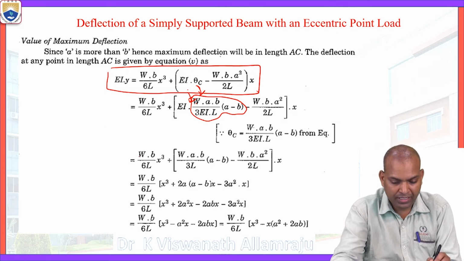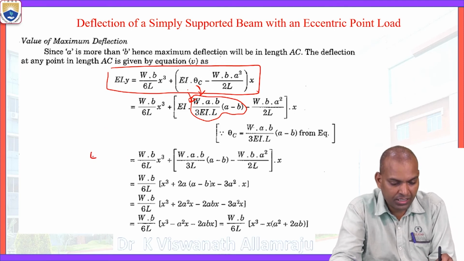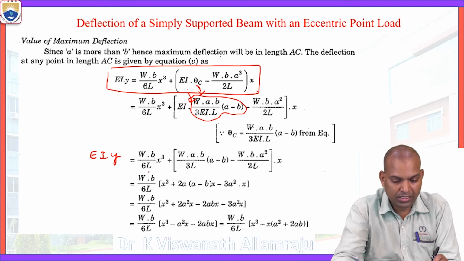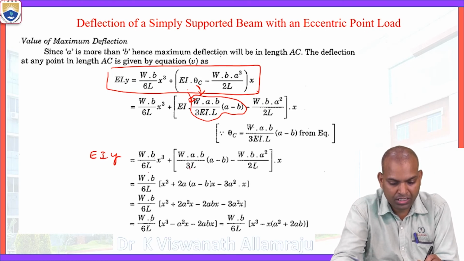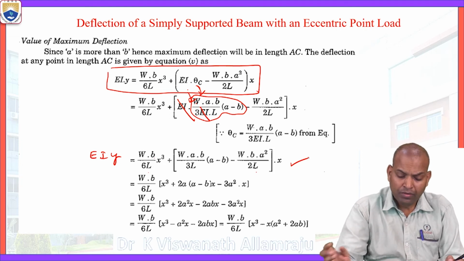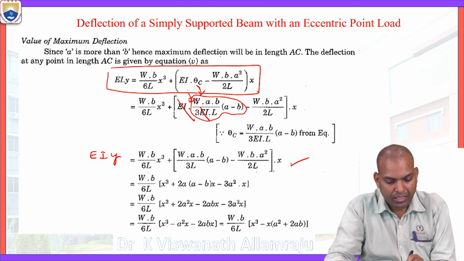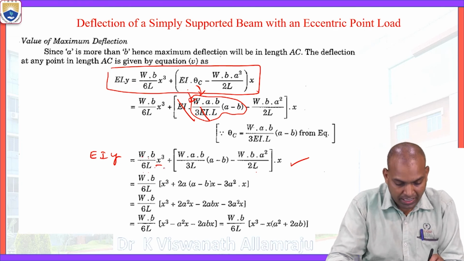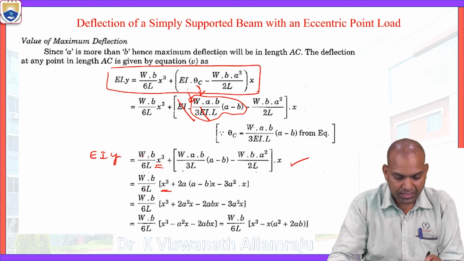By simplifying, EI times y equals Wb x³ by 6L plus WAB by 3L times (A minus B), EI gets cancelled, minus Wb a² by 2L times x. Further simplification, make Wb by 6L common. This is the x³ term, because it is 6 and it is 3.